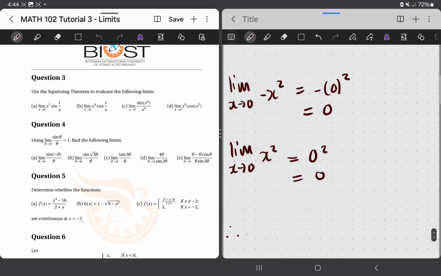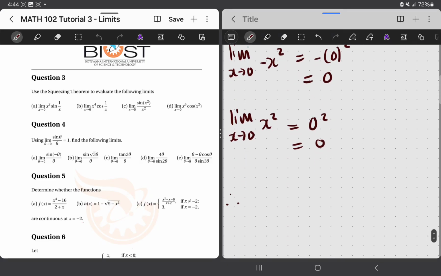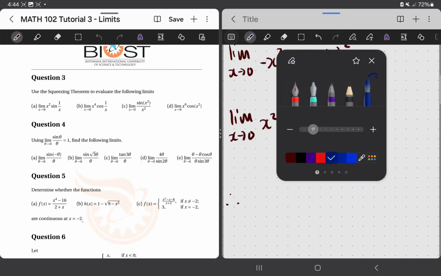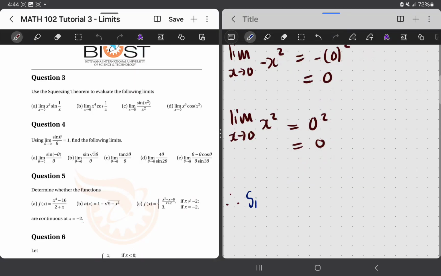So therefore, we can now use the squeeze theorem to put our final verdict.